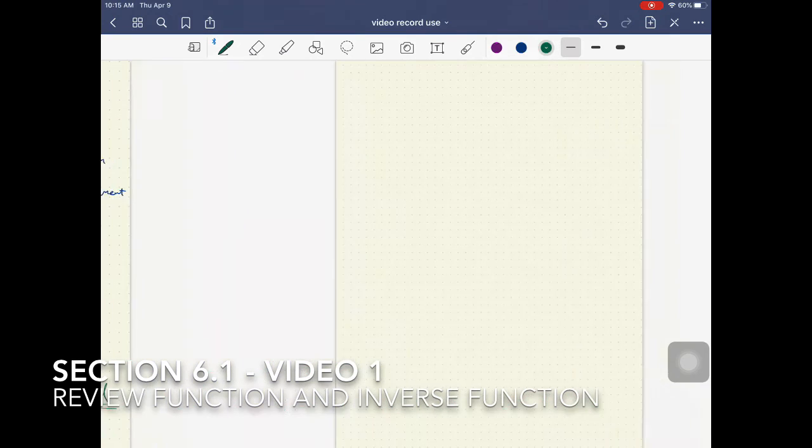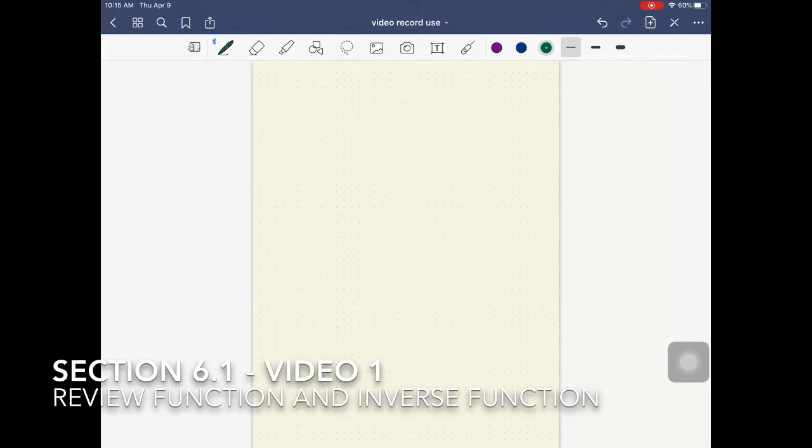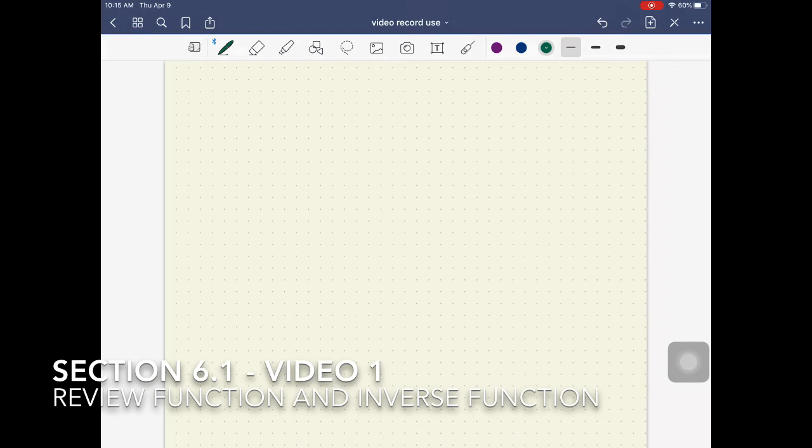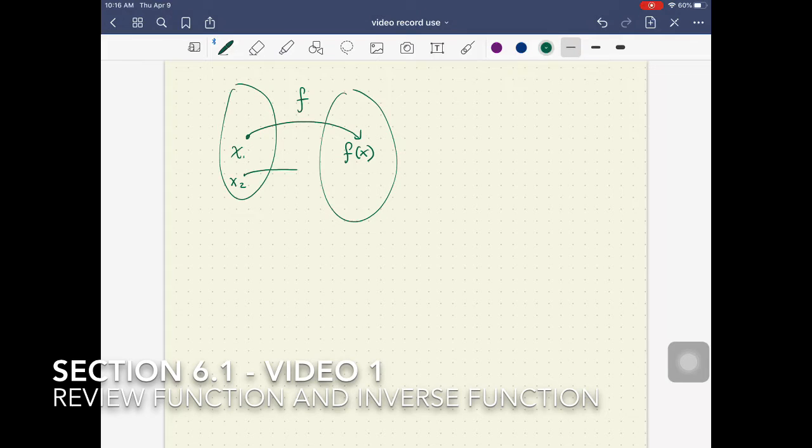So what does it mean to be a one-to-one function? It means that if I have an x in the domain and take f and transport it to some value f of x in the range, then if I have a different x, so x1 and x2, it will be transported to a different location in the range.